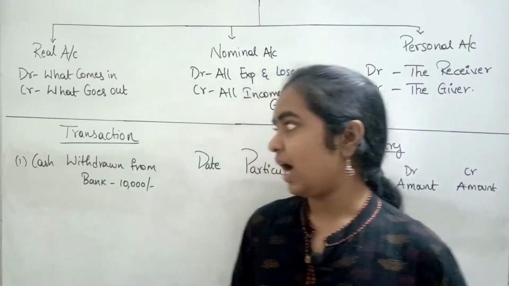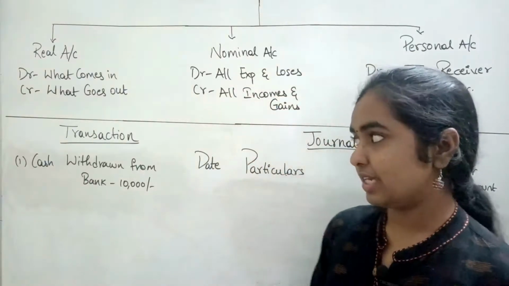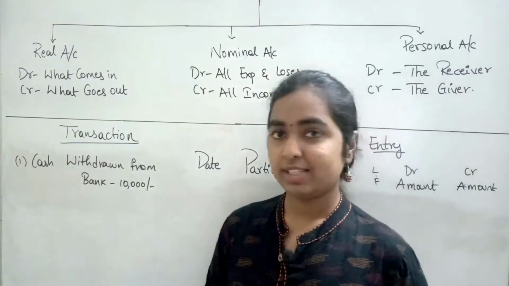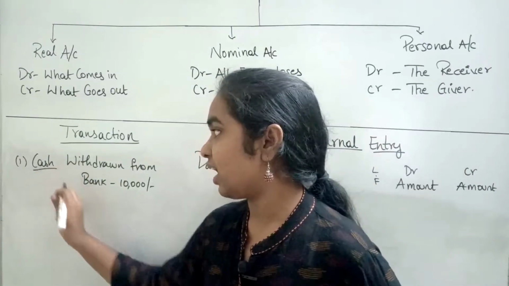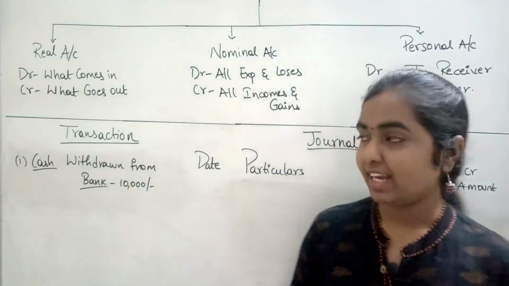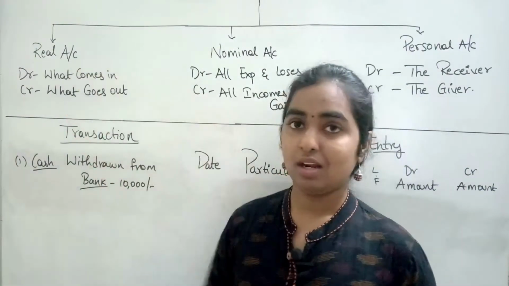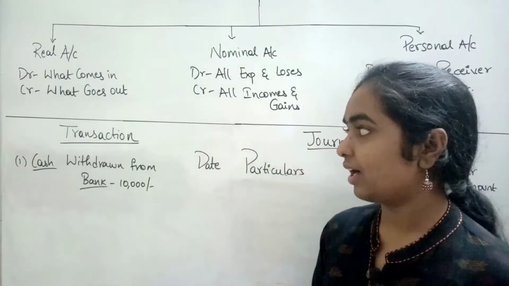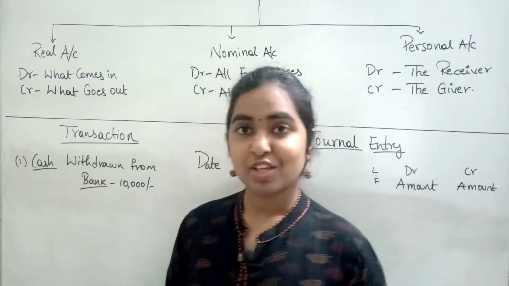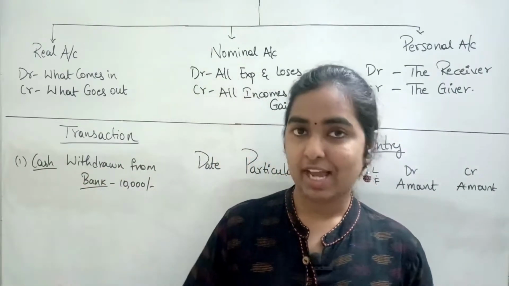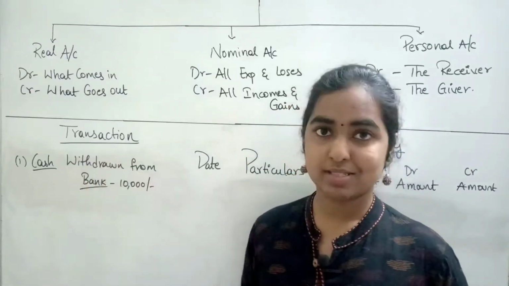Okay. So how do we deal with these kinds of transactions? First of all, the two aspects involved in this transaction will be cash account and bank account. And these two are assets, right? So that's why they will come under the real account. As per the real account, we should debit what comes in. So here, whenever we are withdrawing cash from the bank account, the cash is coming into the business, right?